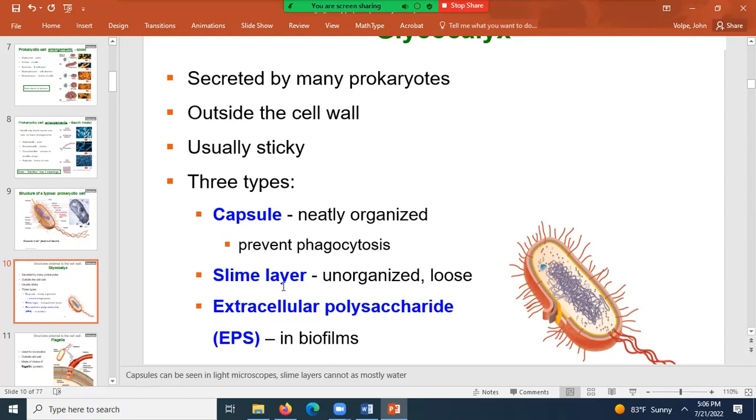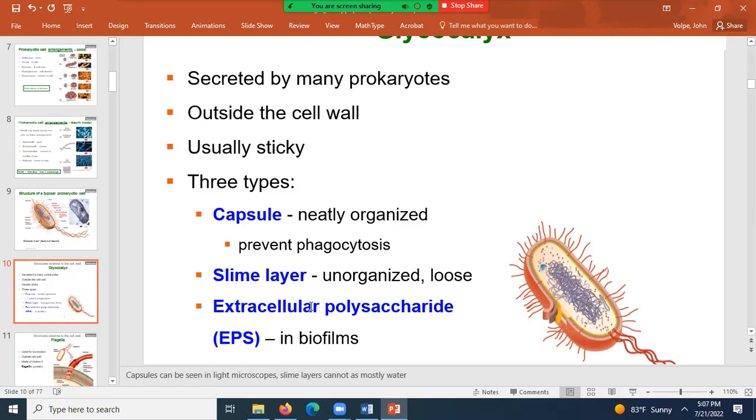You can see the slime layer if you use an electron microscope, but you cannot see it in the light microscope. I wonder why you can't see that with the stains in light microscope. It might be because it's mostly water and it's easily destroyed.